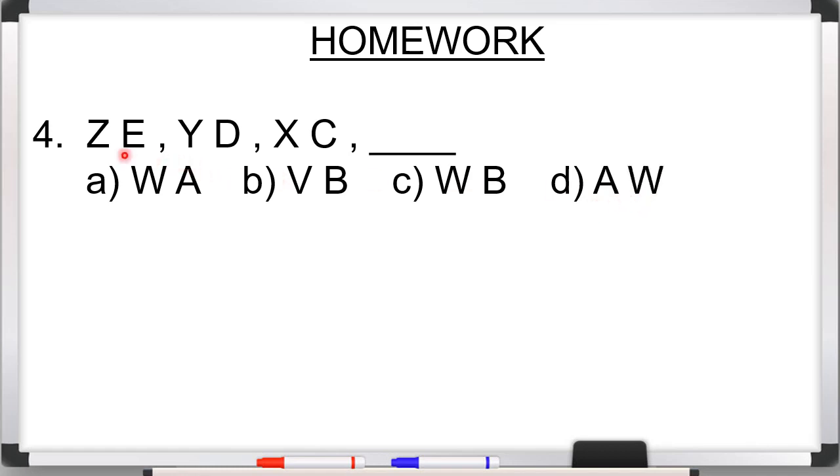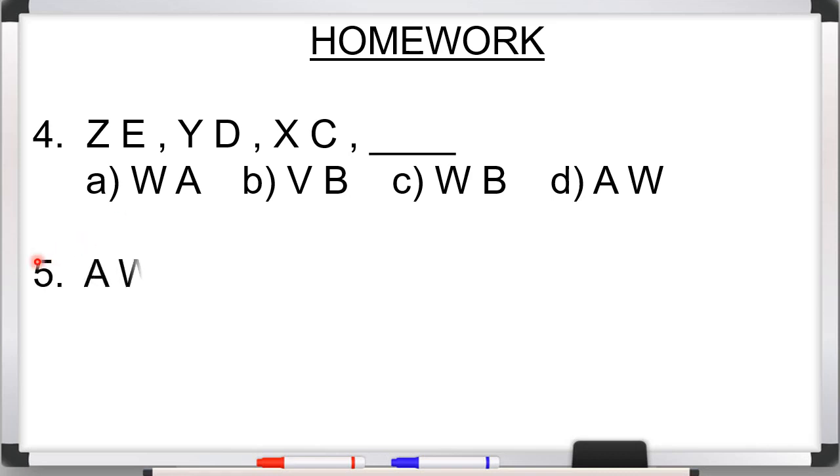Here in question 4 also beta, alphabet series sequence is given. You have to find the missing term by understanding the pattern of series. Out of these given four options, you need to select correct option.